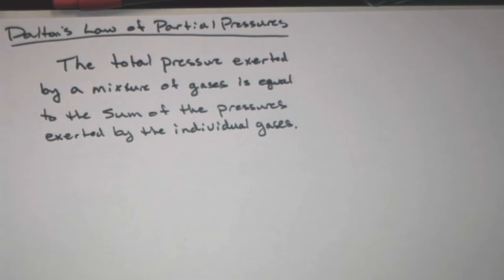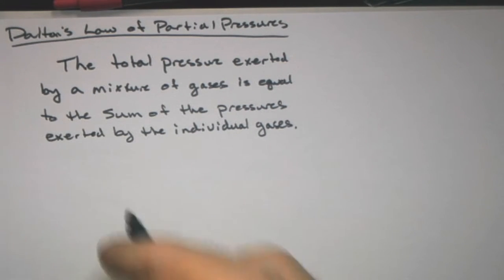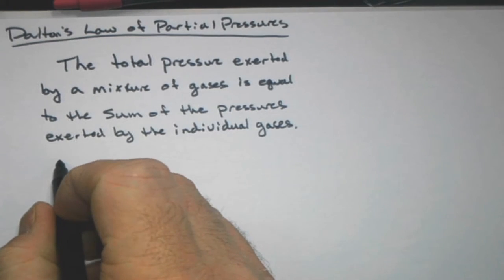All right, so we're going to look at this the way we look at all of these, on a particle basis. So we're going to have a whole bunch of flasks here.